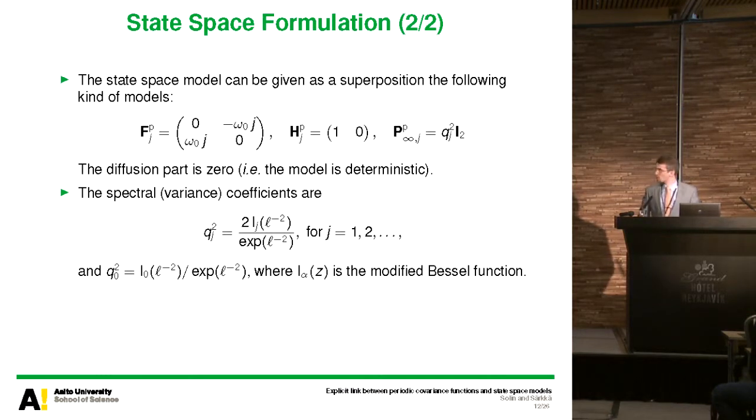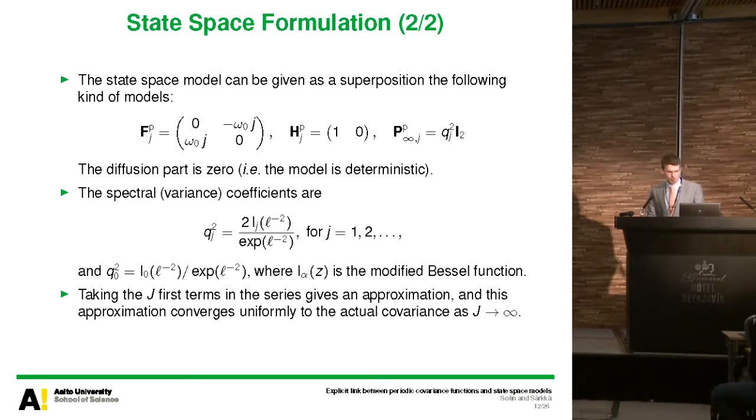It's given in terms of the modified Bessel functions. There's a very interesting link to special types of functions here. In the paper, we also show that when we have an infinite number of these models stacked, we get a model that converges to the actual covariance function. But for doing actual computations, we have to truncate it at some degree J.